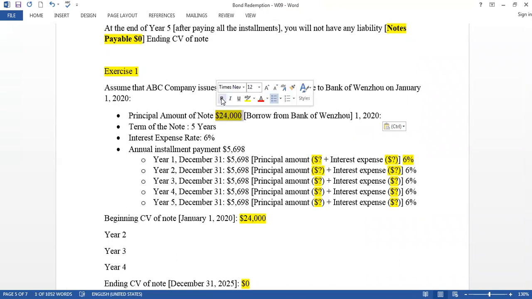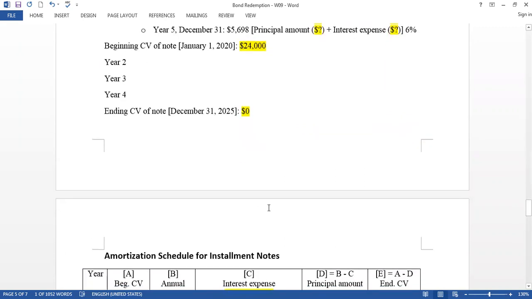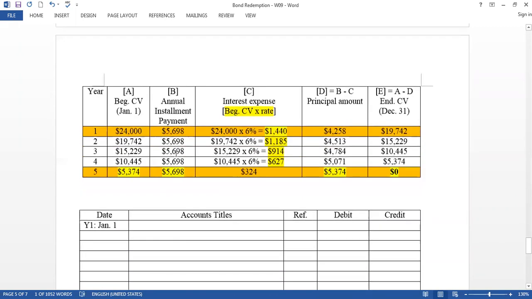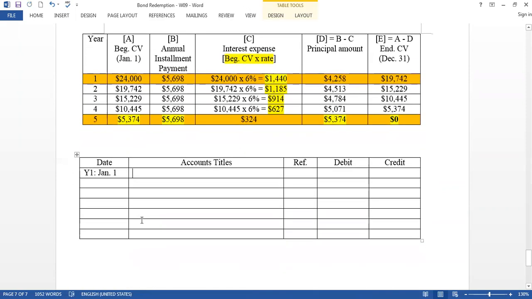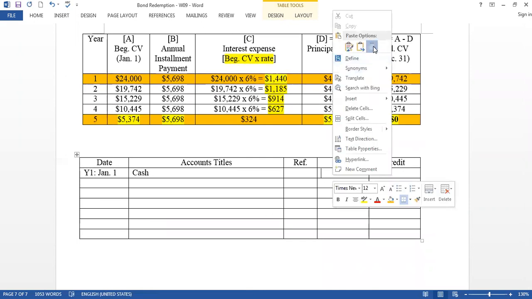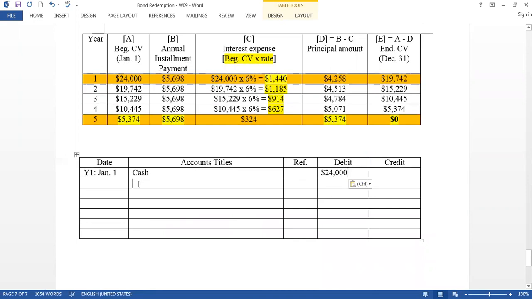You borrow $24,000 from a bank and you issue a note. So what is the journal entry for this? You receive cash today, cash $24,000, and notes payable is your liability.